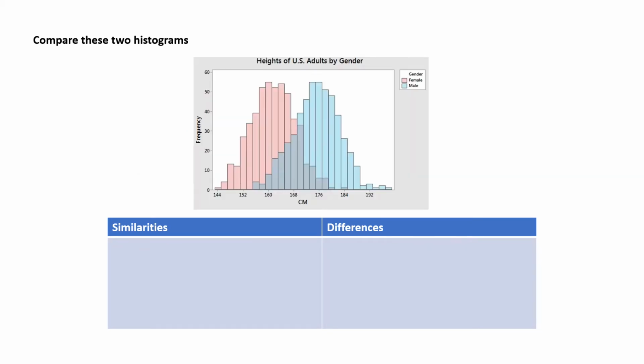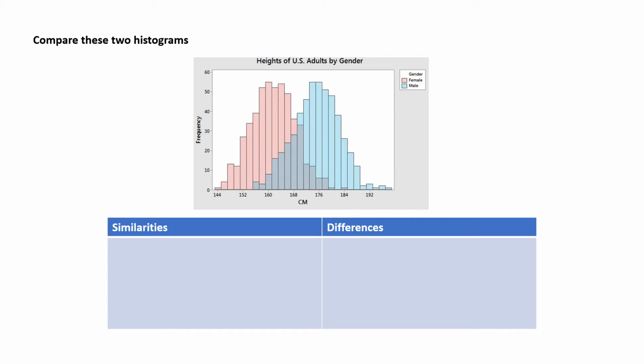So here we go again with two histograms. This time they're two histograms plotted on the same graph, just in different colors. Pink they've chosen for the females, and blue for the males, and it's a graph about the heights of adults.